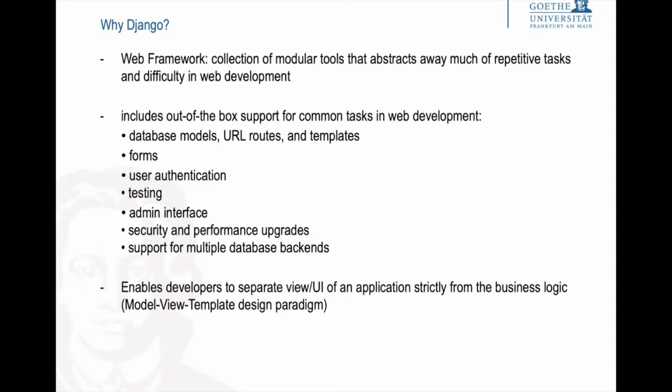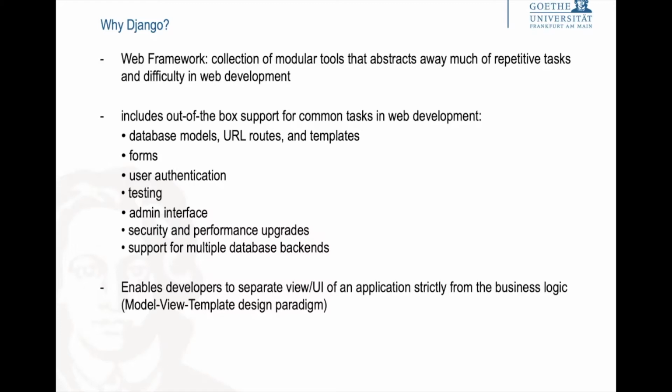But there are also a lot of web frameworks out there, which brings us to the next question: why use exactly Django? The answer is probably because it has a very wide range of out-of-the-box support for a lot of common tasks in web development.